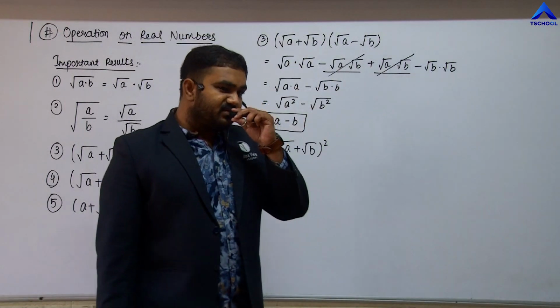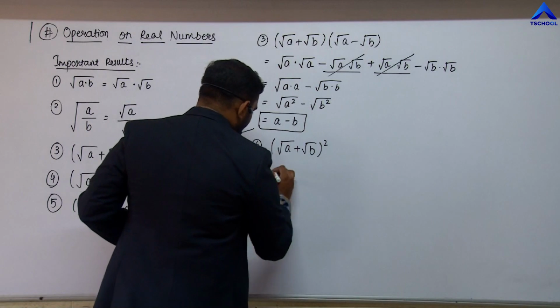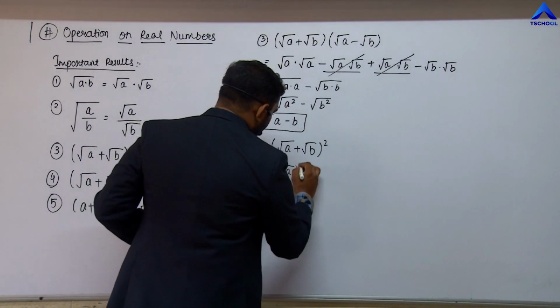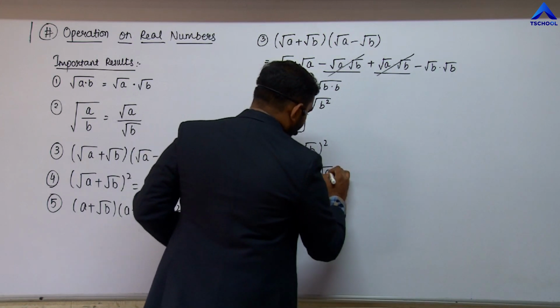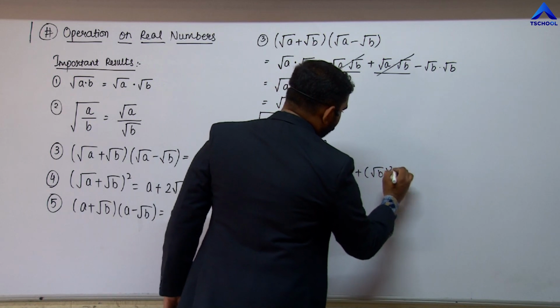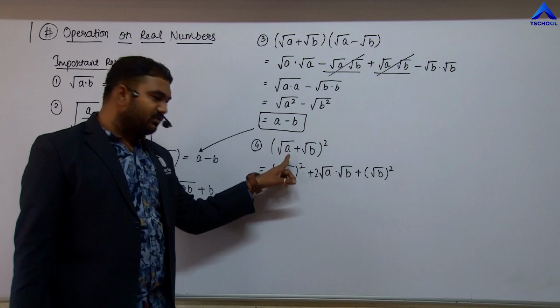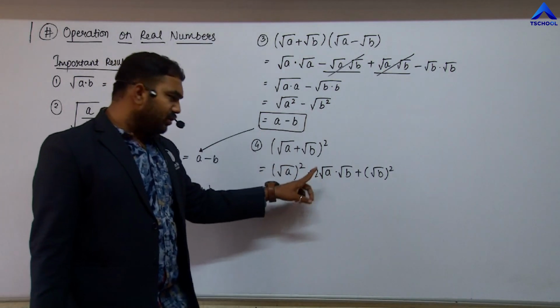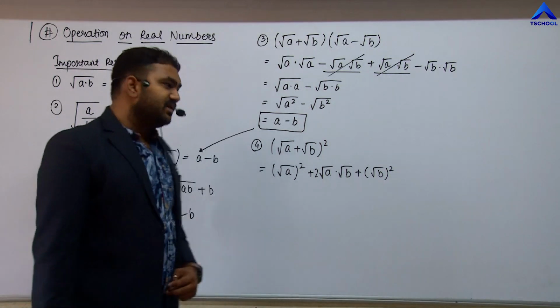A square plus 2ab plus b square. So writing down here in the same format, that is root a whole square plus 2 root a into root b plus root b whole square, right? This is, that means the square of the first term, plus 2 into first term into second term plus square of the second term.